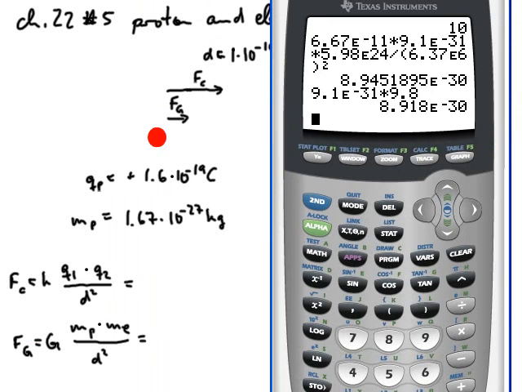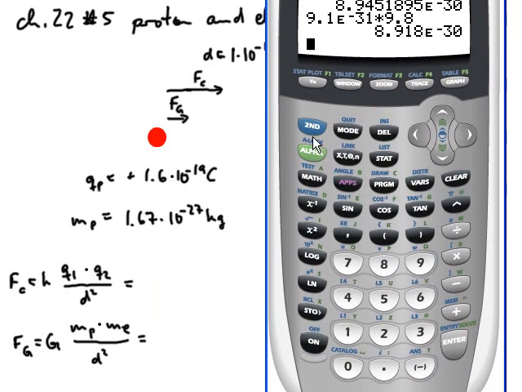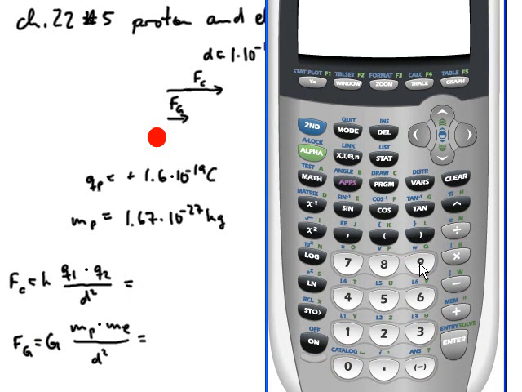Okay, I could go back a few times, but I'm just going to start it over. So 9 E9, or as I showed earlier, 9 times 10 to the 9th times 1.6 times 10 to the negative 19. And because it's the same for either one of them, for the electron and the proton, I can put that also in parentheses and square it.